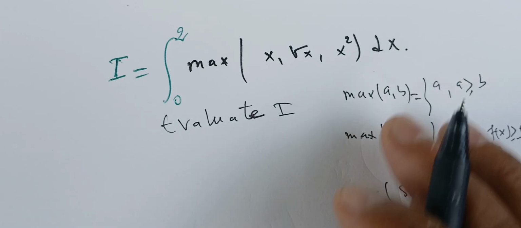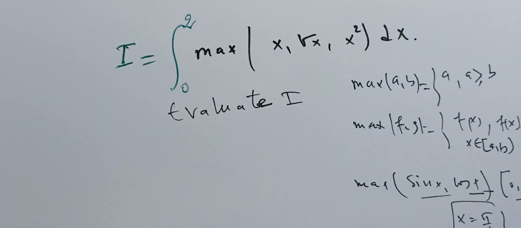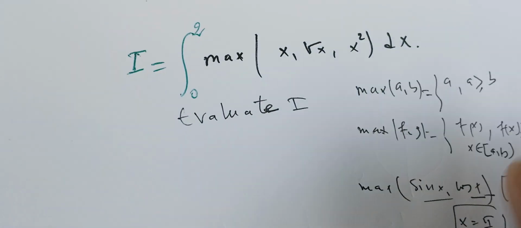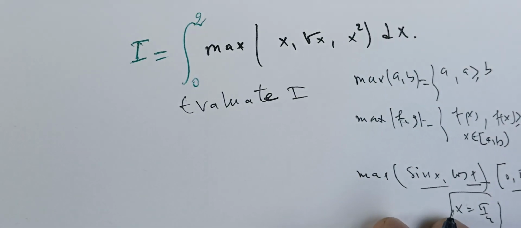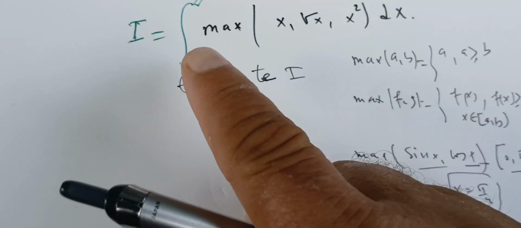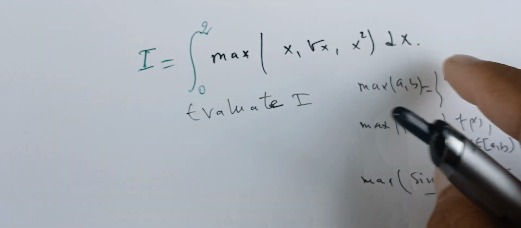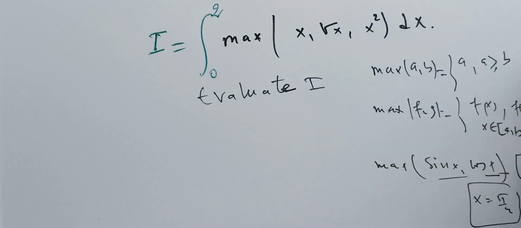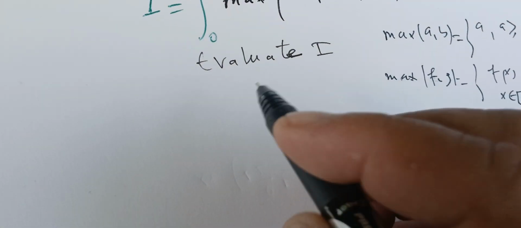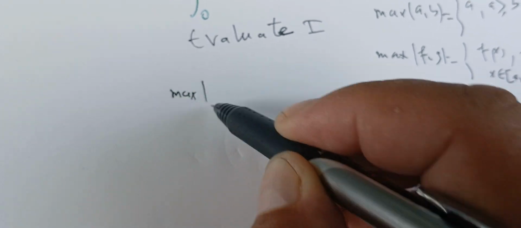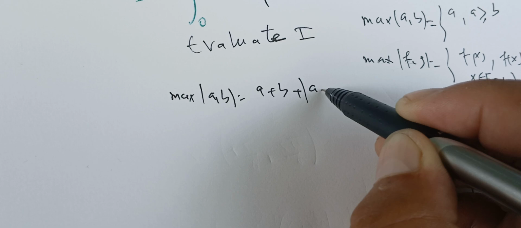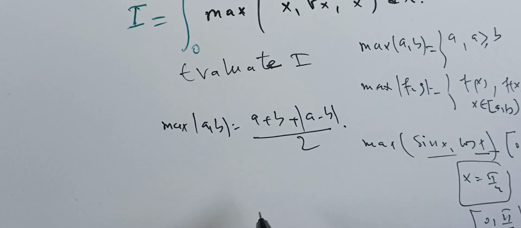In our case here we have 3, not 2. I think the easiest way to solve this one is we can graph these three functions on this interval 0, 2, and from there we see which one is bigger. That's the easiest way. There is another way if you want to do it. We can check that the maximum of a and b is a plus b plus the absolute value of a minus b, over 2.